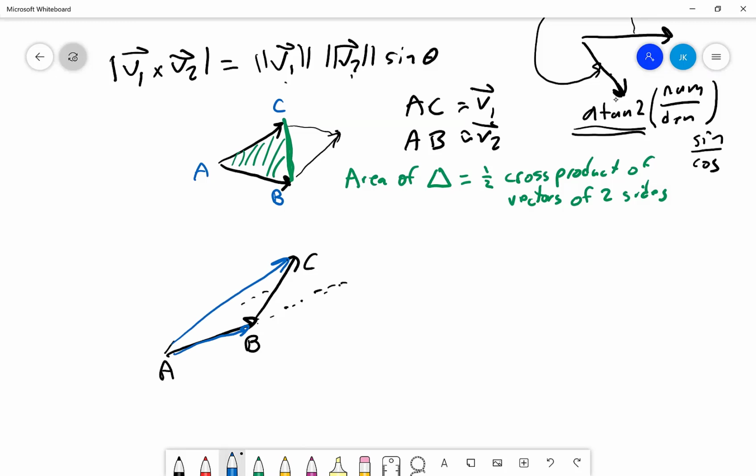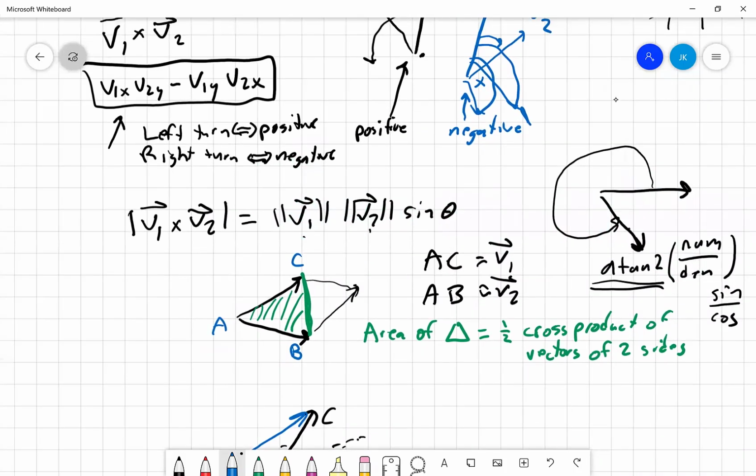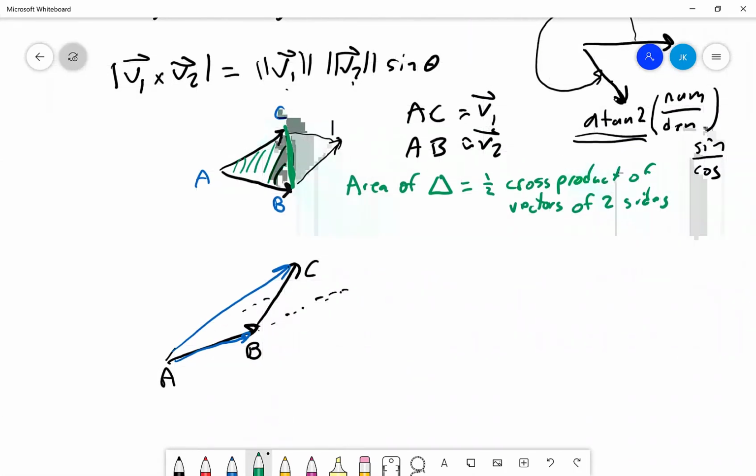The question is the same, regardless of which pair of vectors you form, whether it's the two in black here or the two in blue. So we went over the cross product. We also talked about how you can use the cross product to find the area of a triangle. Just by forming two of the edges as vectors, you get the area of the triangle from that.